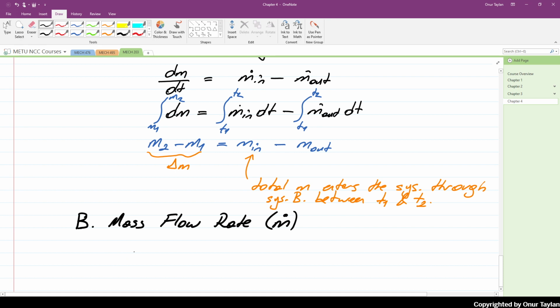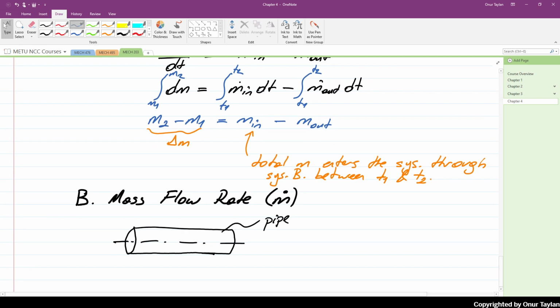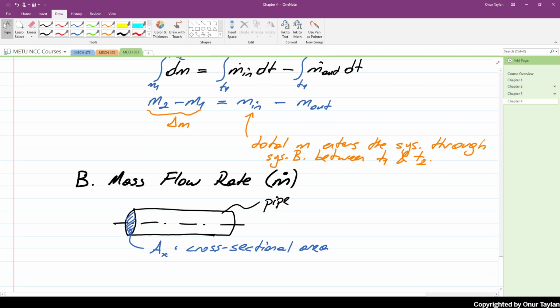So consider a section of a pipe, as such, with the center line. Consider this as a pipe. It has the cross-sectional area, A_x, and that area has to be perpendicular to the flow.